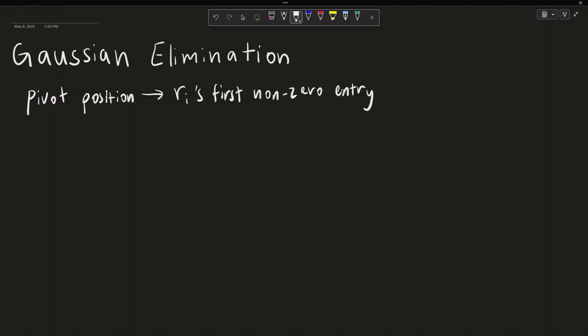So when we use Gaussian elimination to turn a matrix into something called row echelon form, the pivot lies to the right of the pivot in each previous row. So say we have the first row. In the second row, the pivot must be to the right of where the pivot is in the first row. So say, for example, the pivot in row 1 is the first element.